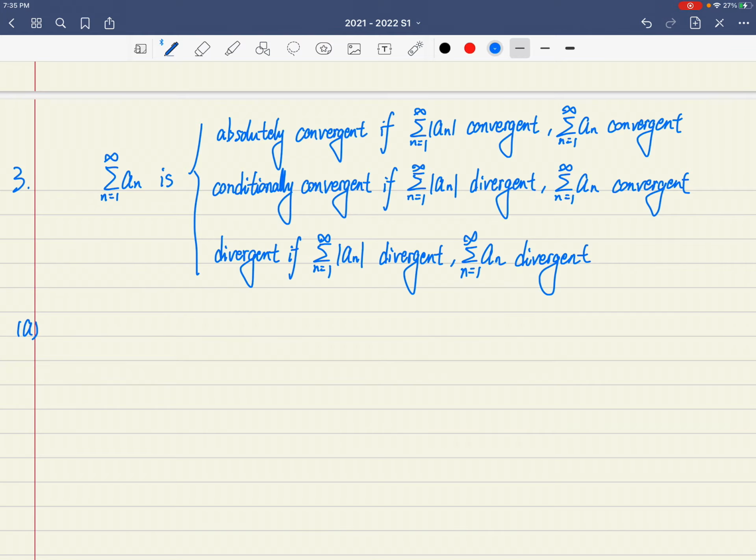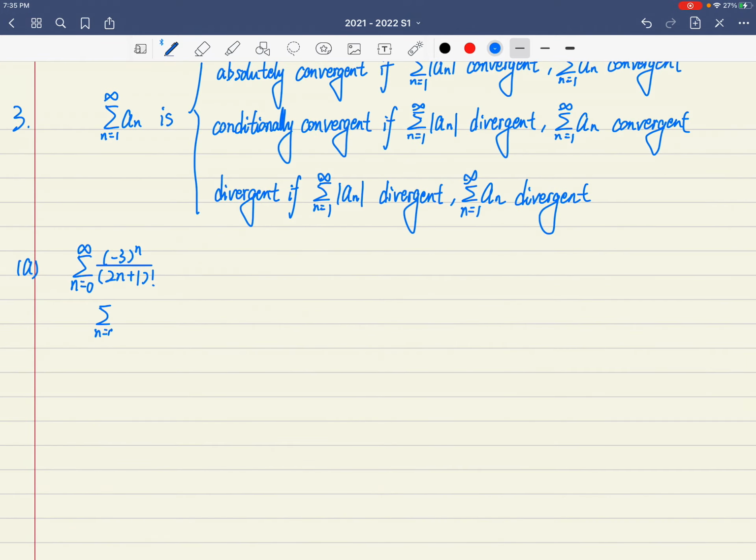So here in 3a, we want to find whether this series is absolutely convergent or not. So what should we do?